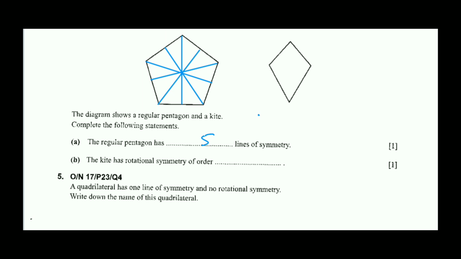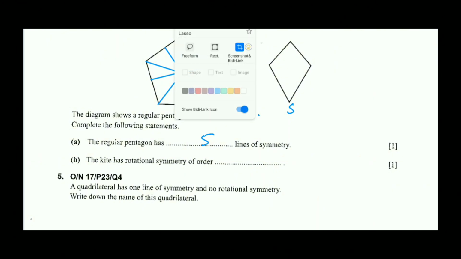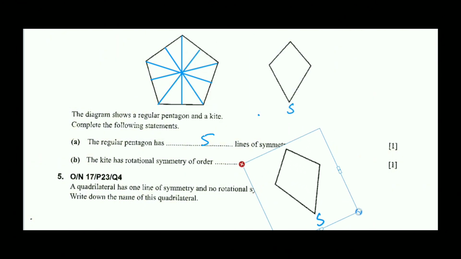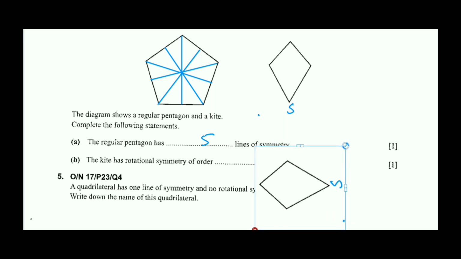So the kite has rotational symmetry of order dash. So the kite has rotational symmetry of order 1. We can see 1, but you also have to check by rotating your page. This is not the exact shape.